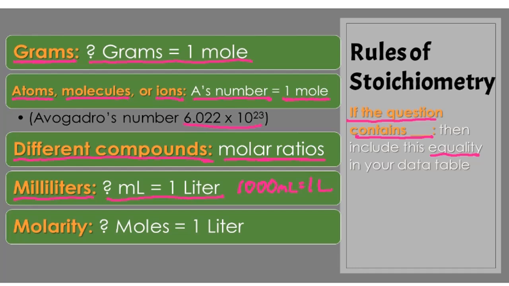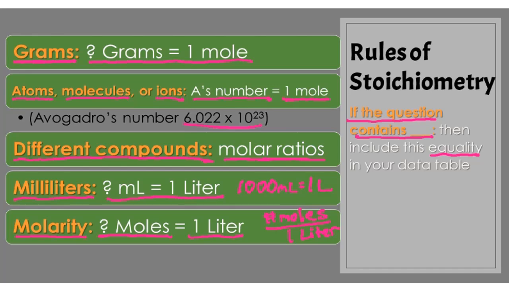And finally, if the question has something to do with molarity, then you want to have a conversion factor of how many moles of that substance is equal to 1 liter. Because remember, molarity is the number of moles of whatever the salt is in 1 liter of water or 1 liter of solution.